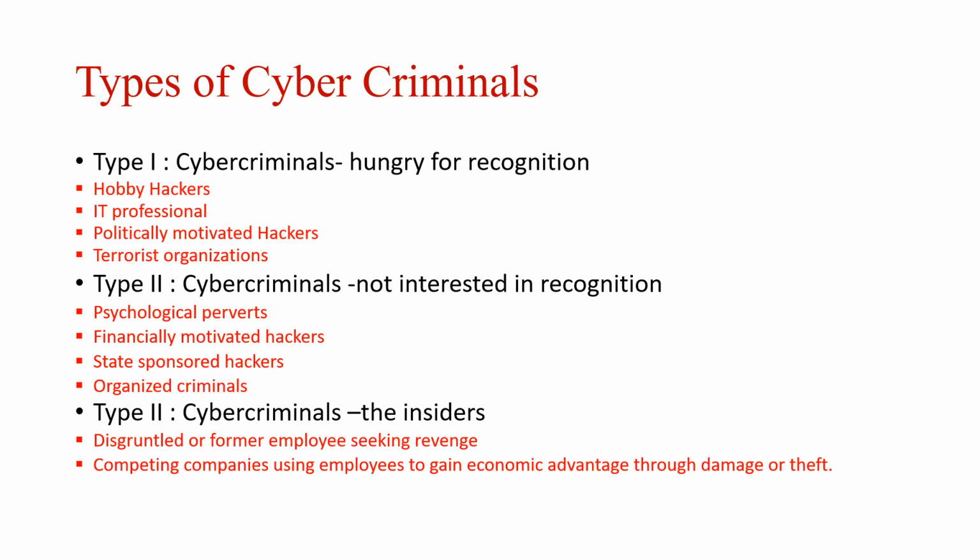The first is cyber criminals who are hungry for recognition, the second is those not interested in recognition, and the third is cyber criminals who are insiders. The cyber criminals who are hungry for recognition may be normal hobby hackers, IT professionals, politically motivated hackers, or maybe terrorist organizations.